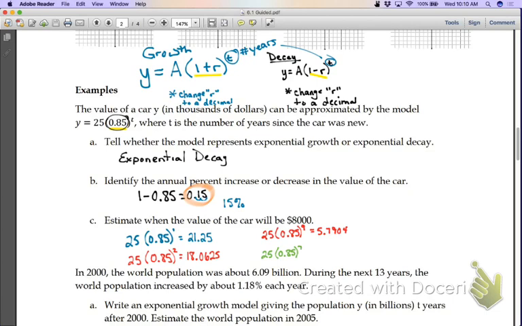If we go with 7, and we go 0.85 to the 7th power, boom, 8.0144. So about how many years? 7 years, right? So if it asks you to estimate, please don't write down every single one.